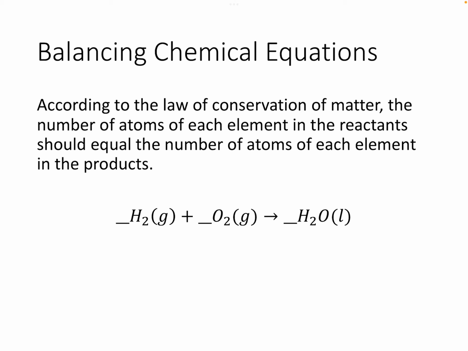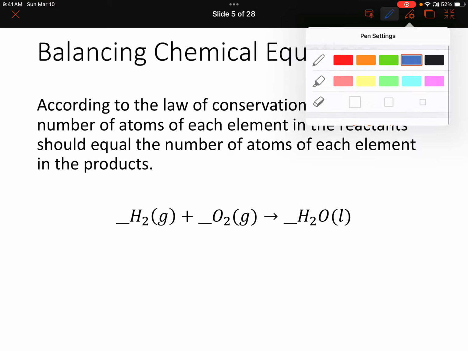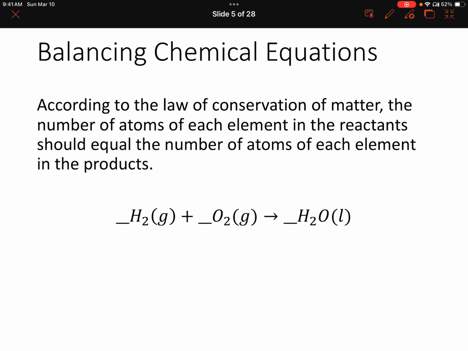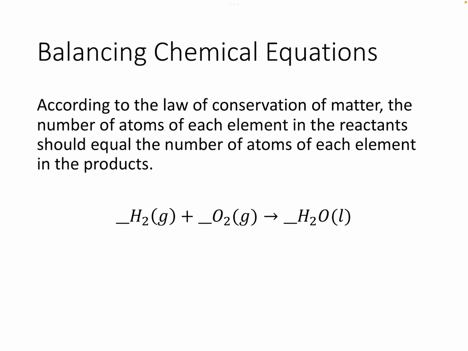So again, according to the law of conservation of matter, the number of atoms of each element in the reactants should equal the number of atoms of each element in the products. So let's look at this example down below. We have hydrogen gas, H2, reacting with oxygen gas, O2, and the product is water, which is a liquid.